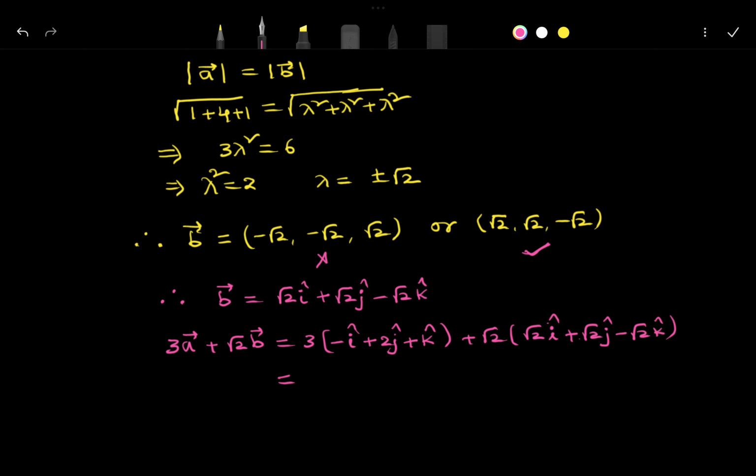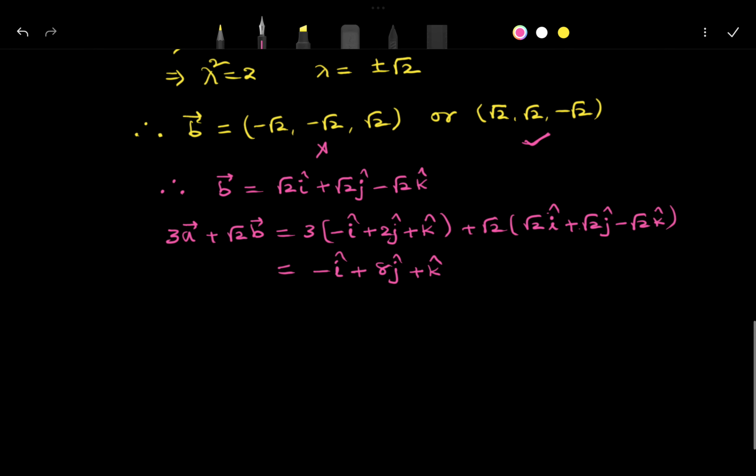By simplifying, minus 3i plus 2i is minus i cap, 6j cap plus 2j cap is 8 j cap, and 3k cap minus 2k cap is plus k cap.